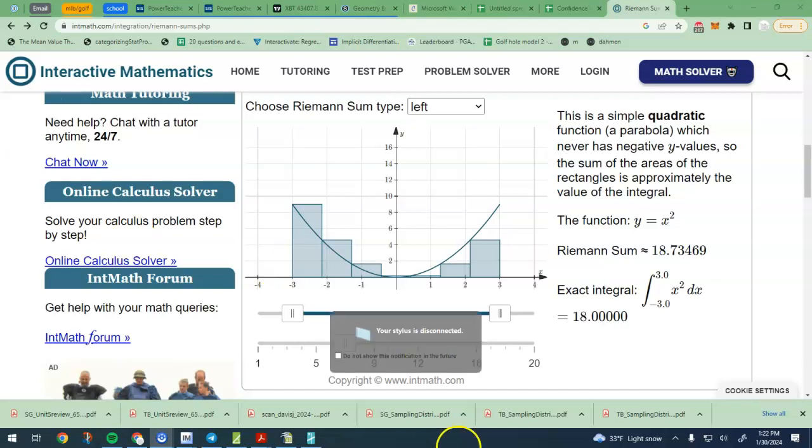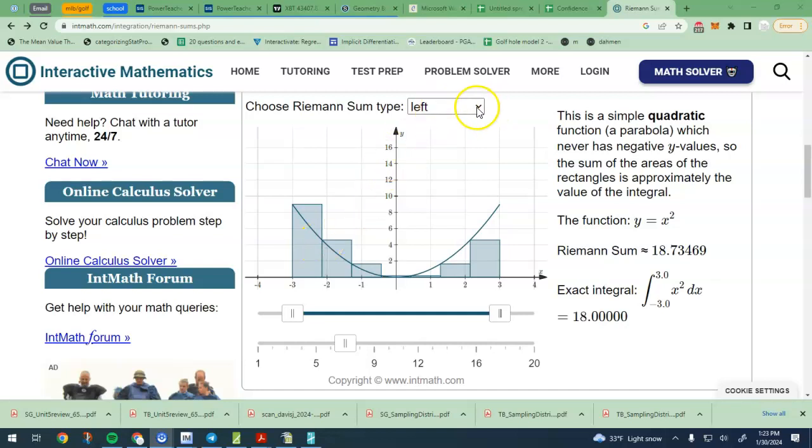So the question here is, find the area under the curve between -3 and 3. So this is y equals x squared. We're estimating the area under the curve between -3 and 3. And so what we do is estimate using rectangles.